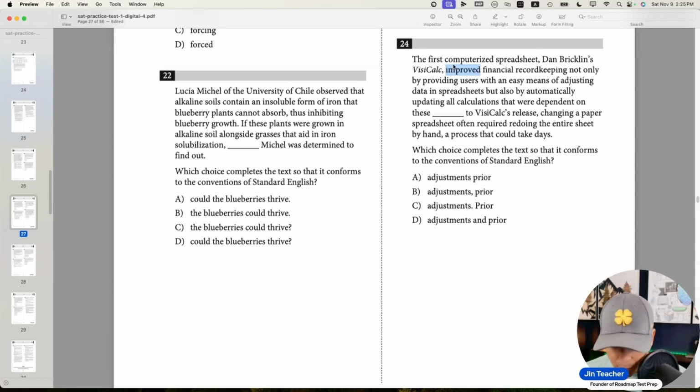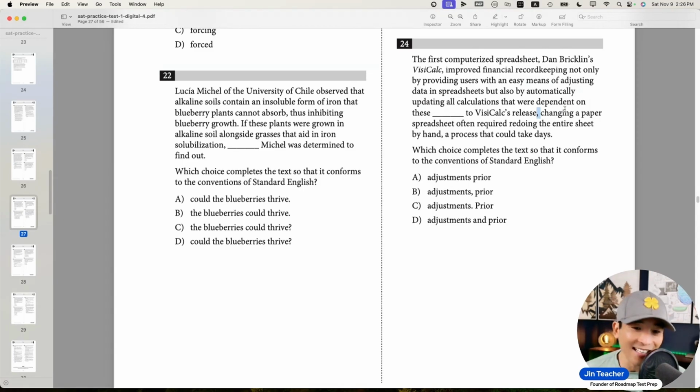So the first spreadsheet improved financial record keeping, not only by providing users with an easy means of adjusting data in spreadsheets, but also by automatically updating all calculations that were dependent on these adjustments prior to VisiCalc's release. Okay. Then it says changing. Notice the comma here, right?